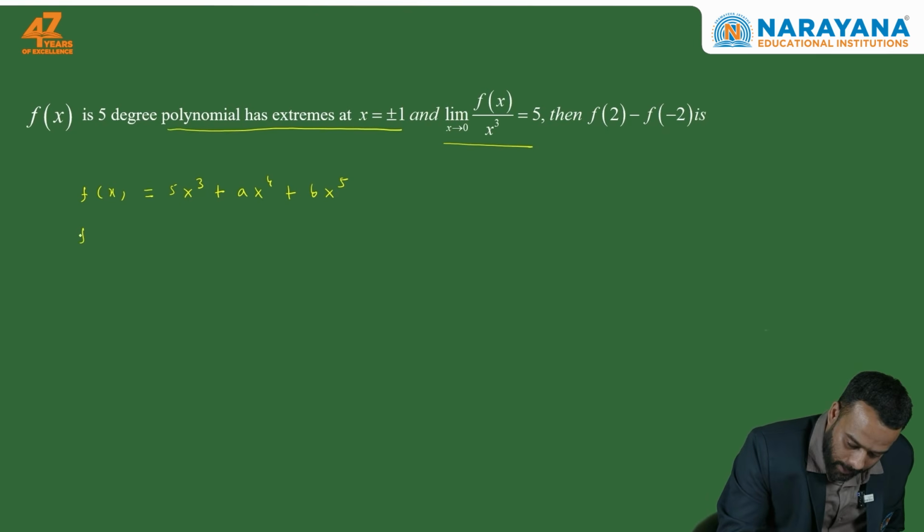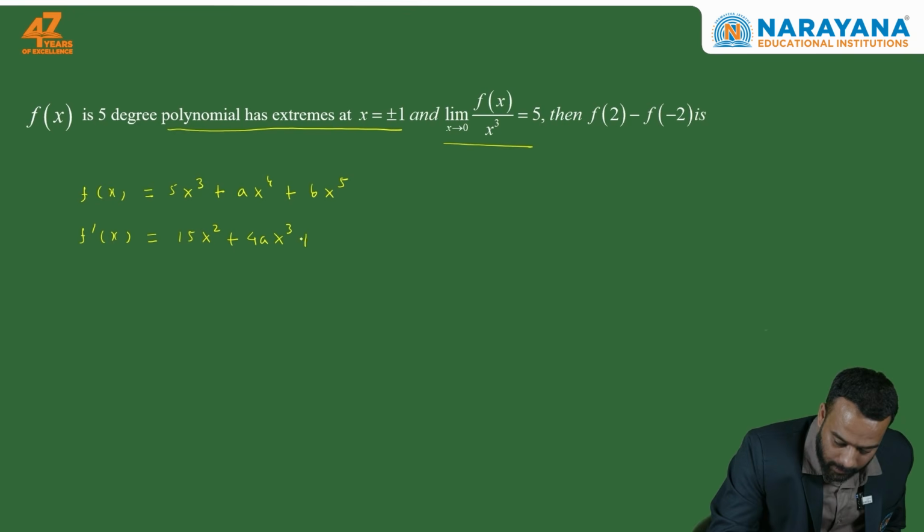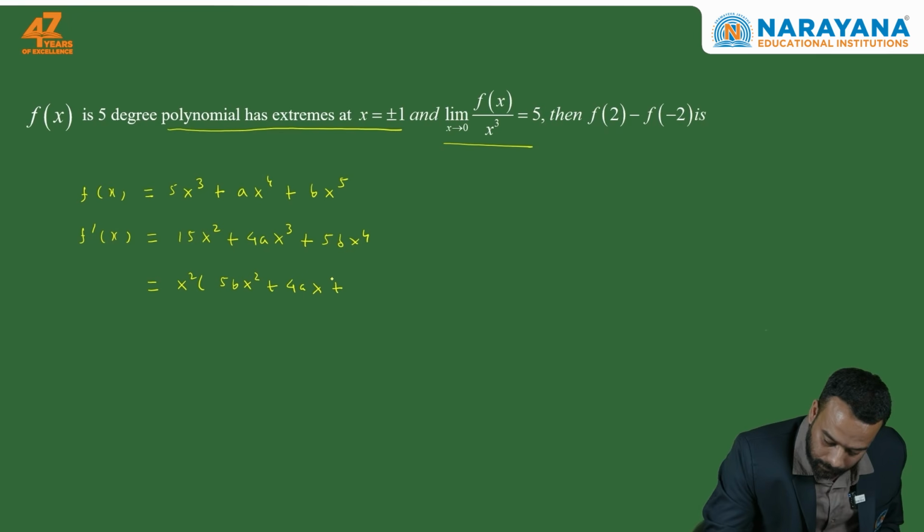So I will evaluate the derivative. So that is going to become 15x square plus 4ax power 3 plus 5bx power 4, which is nothing but x square times (5bx square plus 4ax plus 15).